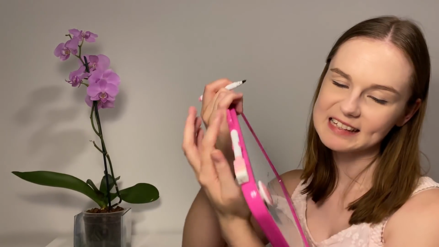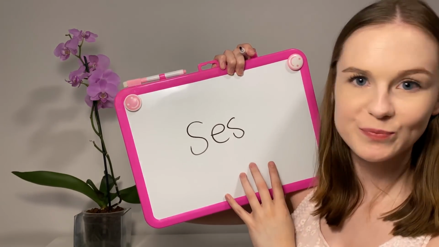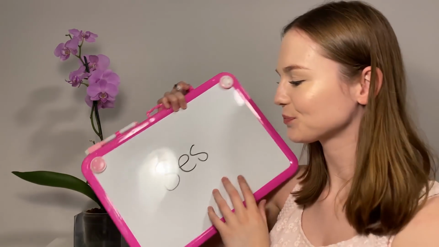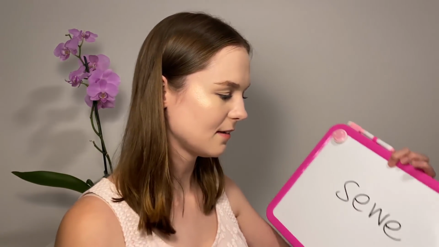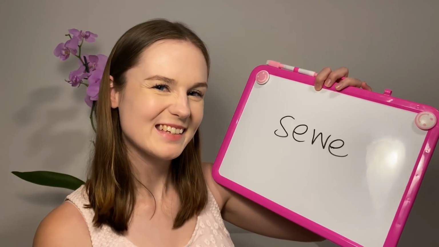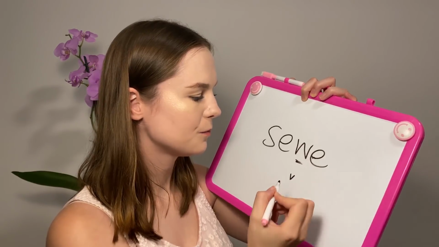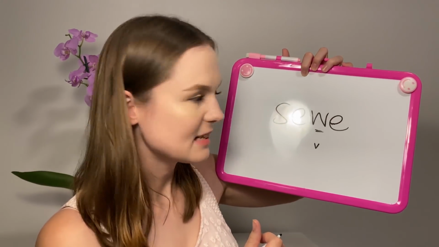Then we have 6, which is ses. And 7 is sewe. So the W is like a V sound. Sewe.